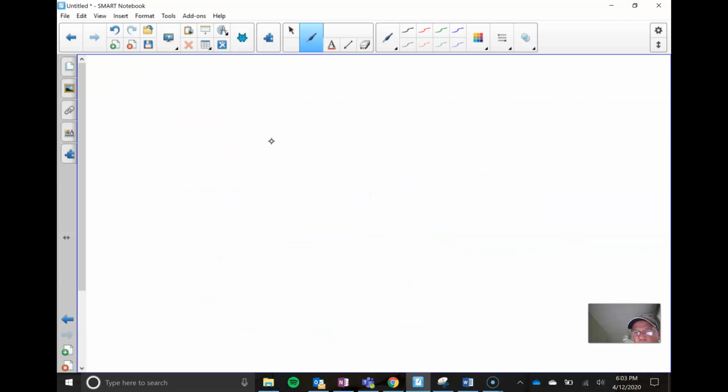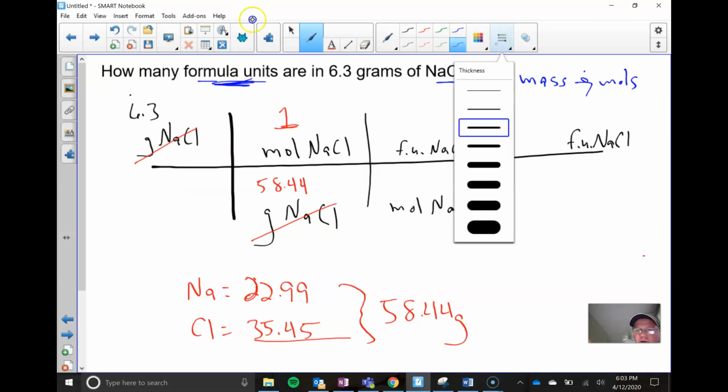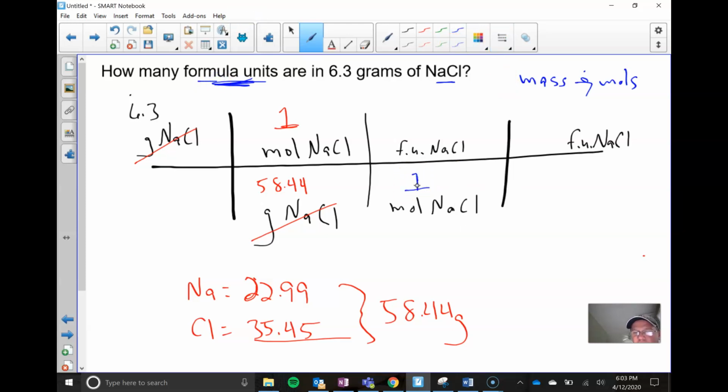So at this point, this is where I would bring back in Avogadro's number and say 1 mole of an ionic compound like sodium chloride contains 6.02 times 10 to the 23rd formula units of that compound. Okay. So now I've got all my information in place.